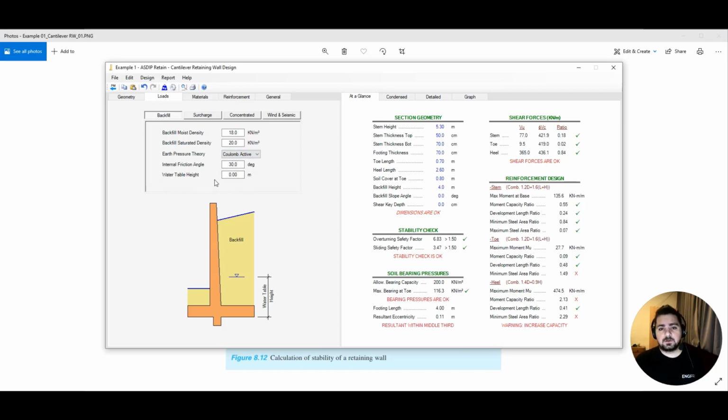We took our water table height as 0 because we do not have any geotechnical report that gives us detailed information about our water table. However, if we do have such a report, then we have to consider our water table. Why?